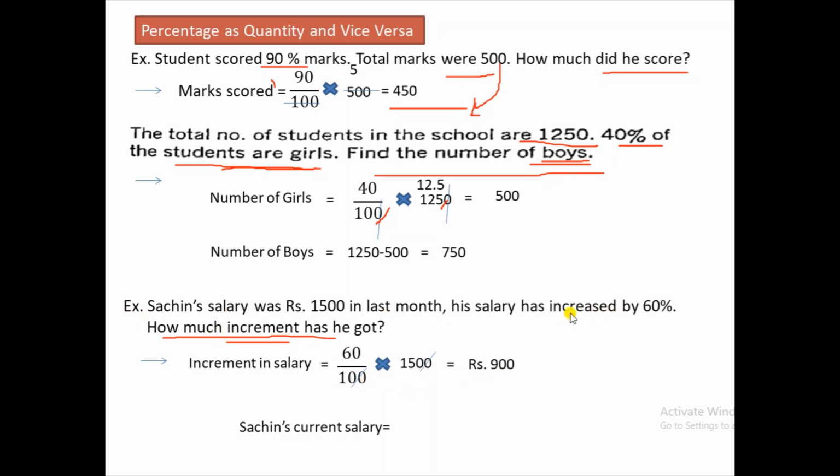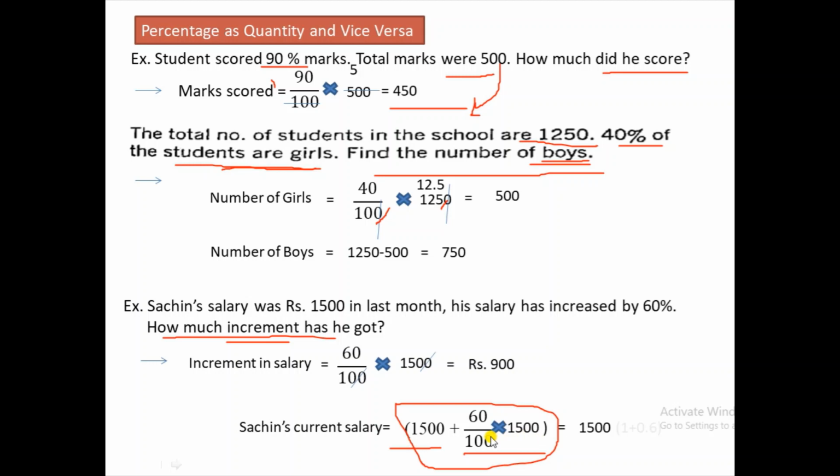But sometimes the question may be asked: once he gets an increment of 60%, what is going to be his salary? So Sachin's current salary can be calculated like this: his original salary is 1500 plus the 60% increment he has got. This is entirely called Sachin's total salary.